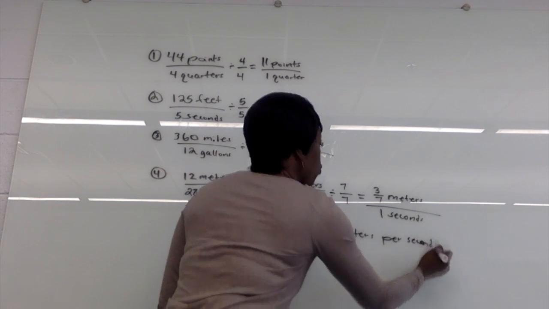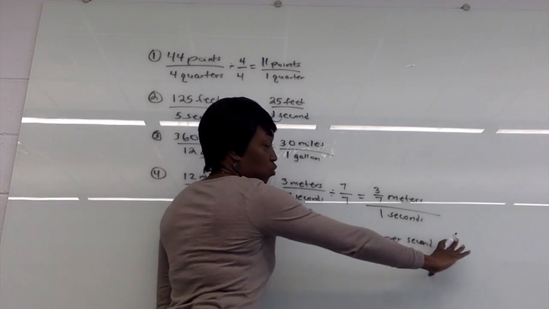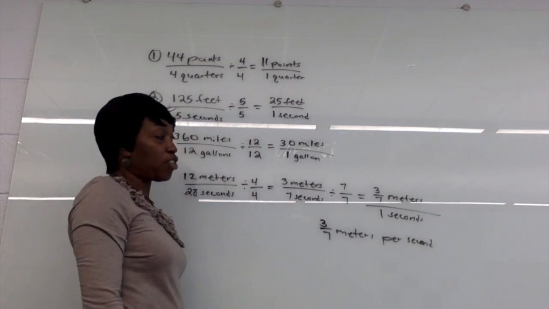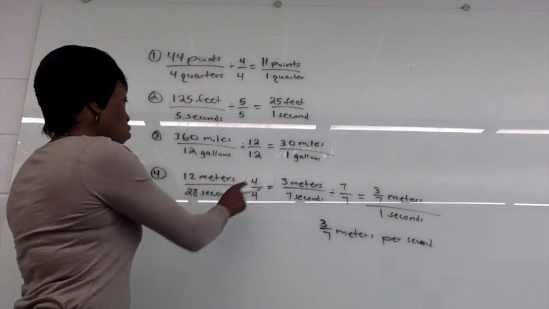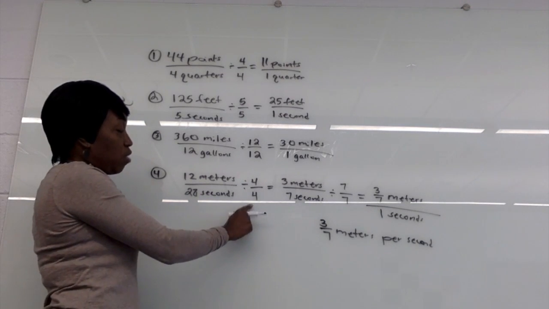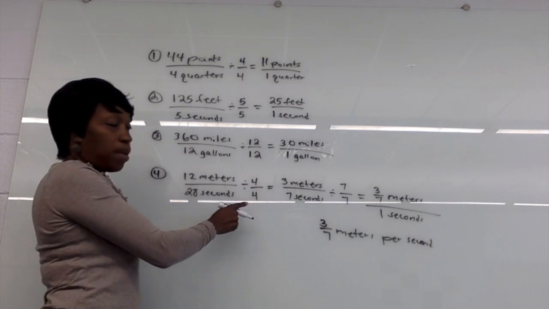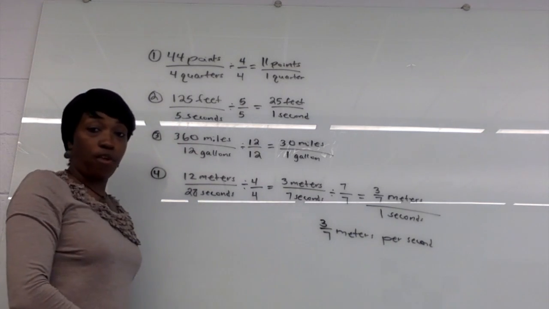And that's how you want to write your final answer in that form. It makes more sense this way. We cannot have a fraction within a fraction. And the only time you would get this form is when your common denominator, which is the greatest common factor here, will not leave a 1 in your denominator. So you know at this point, your answer should be in a fraction form.